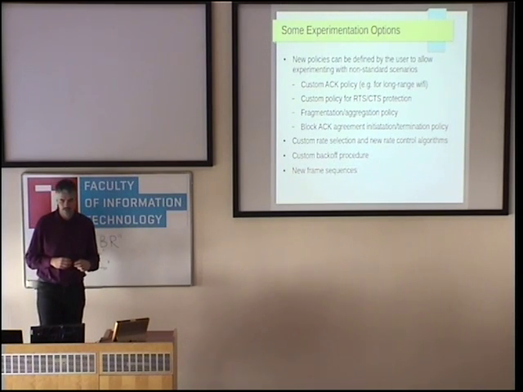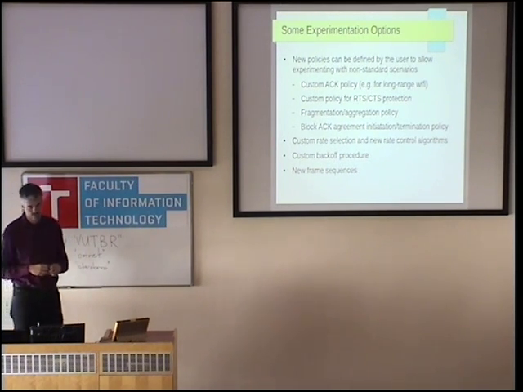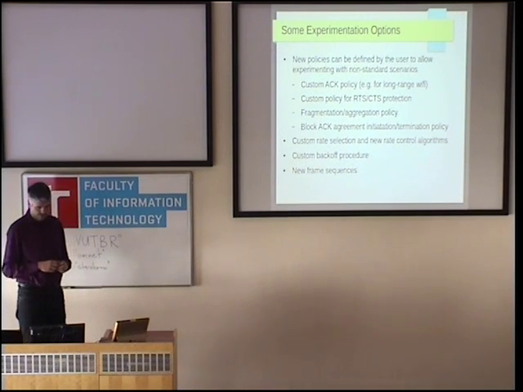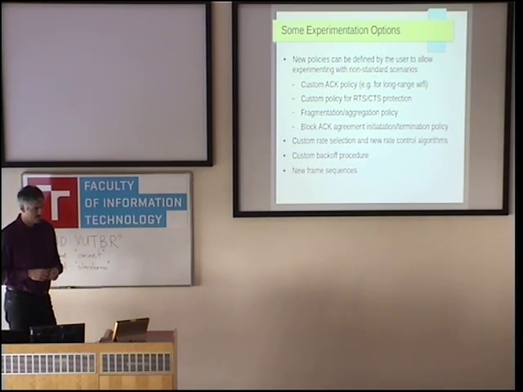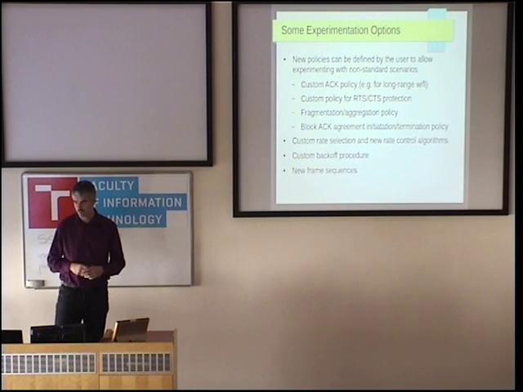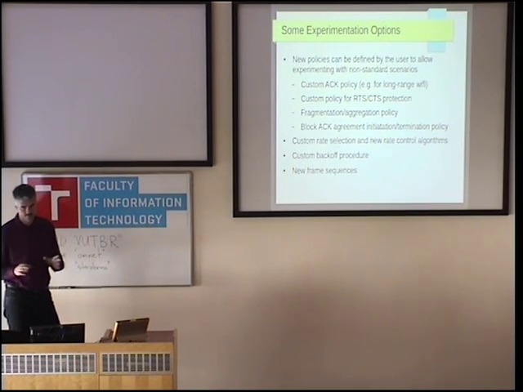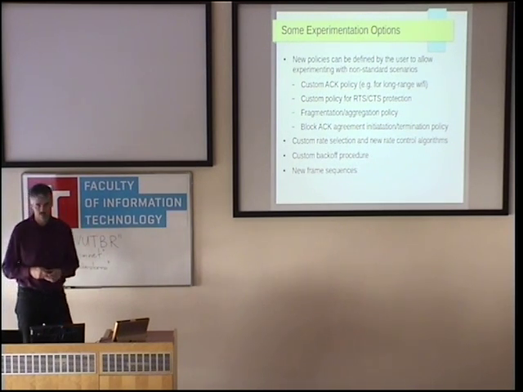You could have custom MAC policies for long-range links, or custom policies for RTS-CTS protection to be used in different scenarios, not in the scenarios defined by the standard, and things like that. And of course, you probably want to experiment with rate selection, which frame should go with which rate, because that's also a very non-trivial topic. Or custom backoff procedures, or new frame sequences, or new frames, and things like that.